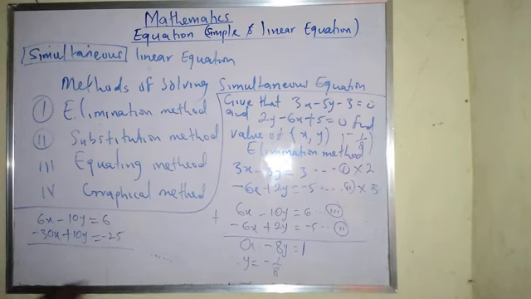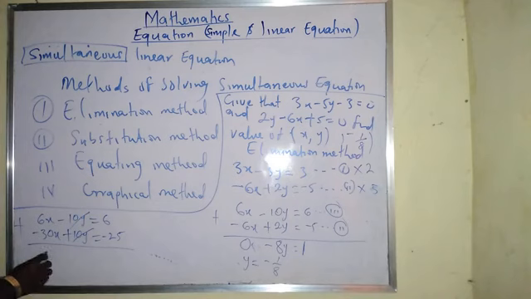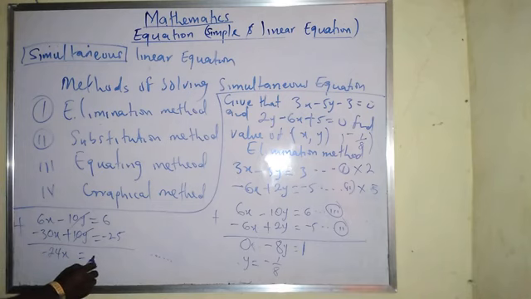By so doing that, I'm adding. But if I subtract, the minus will increase, so this one will move out of the story. Now we are having this plus this. It will be minus 24x equals minus 19.